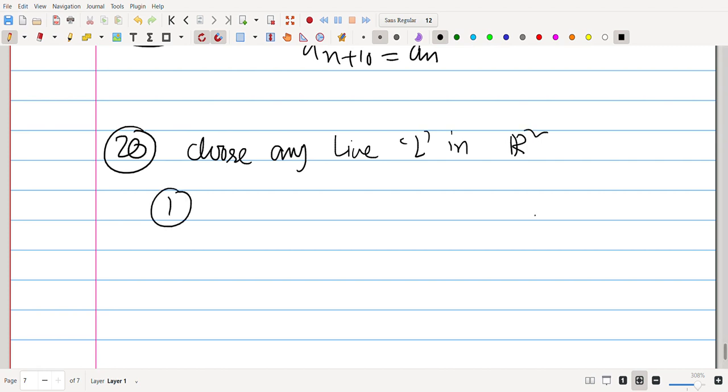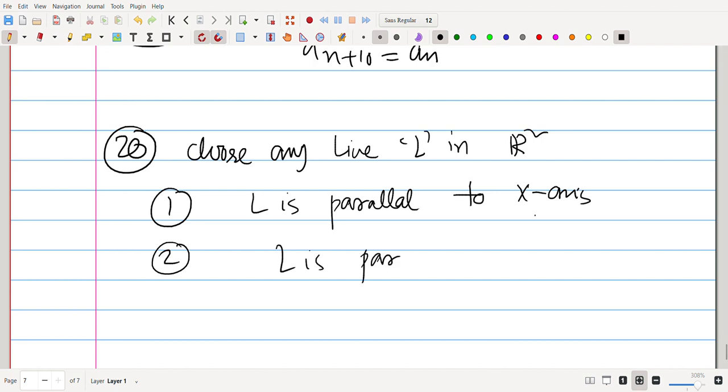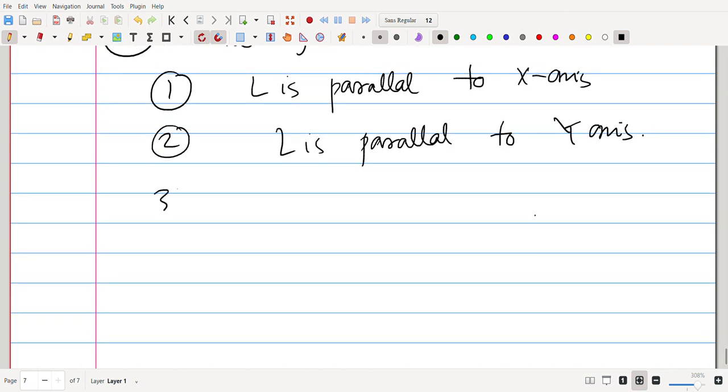Three things can happen. One, L is parallel to the x-axis. Two, L is parallel to the y-axis. And third, L is not parallel to both the x and y axes.